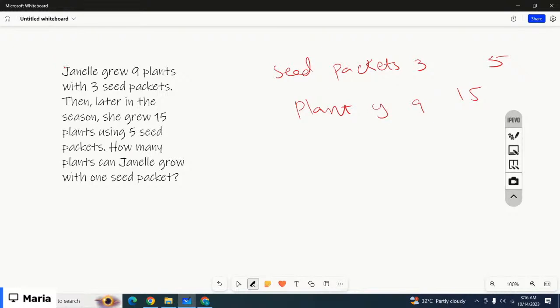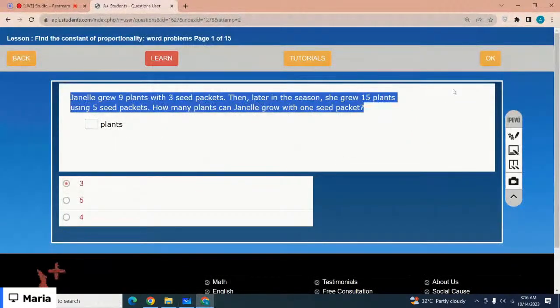That is y, and the seed packets is x. You have to calculate the constant of variation by y divided by x, that is 9 divided by 3, 15 divided by 5. 3 times 3 is 9 and 5 times 3 is 15. That means Janelle can grow 3 plants from one seed packet. The correct option is 3. Got it? That's how you can calculate the constant of proportionality. So the constant of proportionality is 3, right?